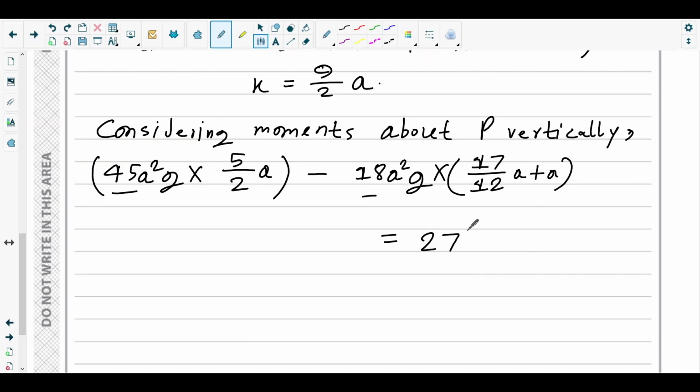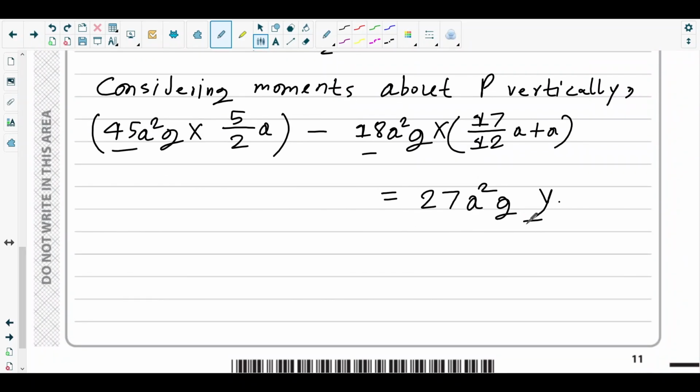The resultant force, that is the resultant weight, is 27 a squared g, and we need to find out the y. X is known, we need to find the perpendicular distance of the center of mass of the template from point P. So this is y.